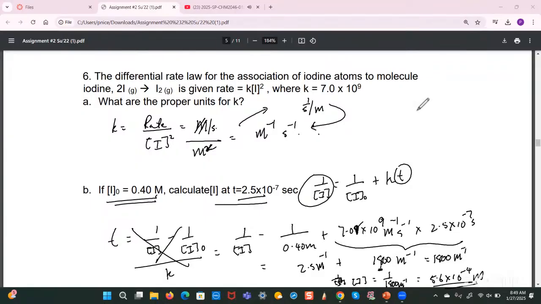When you're adding 1800 to 2.5, you're going to get 1802.5 on your calculator. But because this is the highest place significant figure here, when you're adding, you have to round off to that level. So therefore, the answer is going to be 1800 still. All right? And then you do the rest.